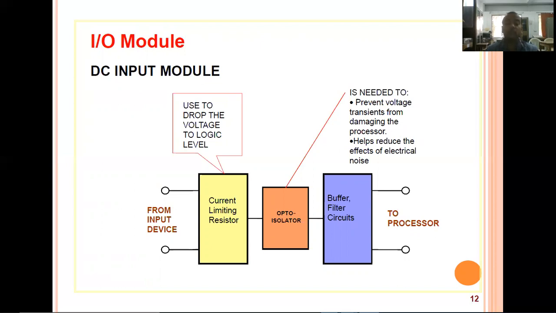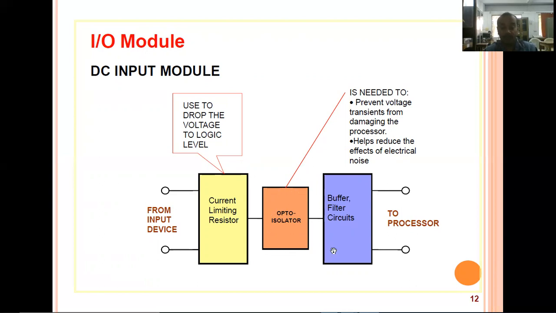Here we are using the opto isolator, which is a non-connecting conversion of a voltage from analog to digital. It prevents voltage transients from damaging the processor and helps reduce the effect of electrical noise. The opto isolator is a very well established approach that separates the process from the IO modules, which is very beneficial to us.